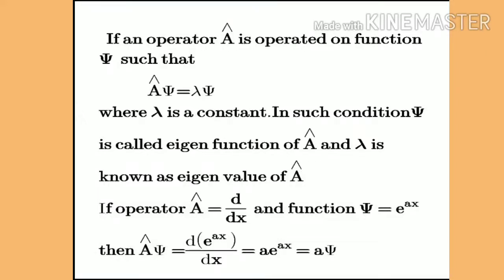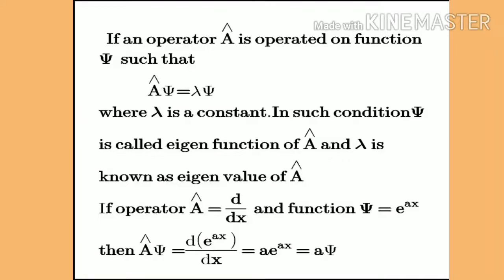So in such a condition psi is called the eigenfunction of a cap and lambda is known as the eigenvalue. The constant is the eigenvalue and the function is the eigenfunction.